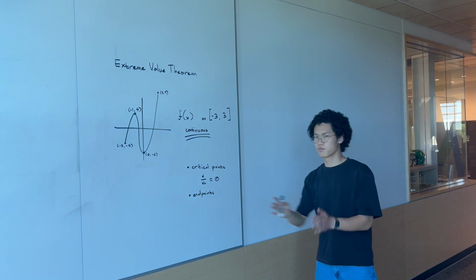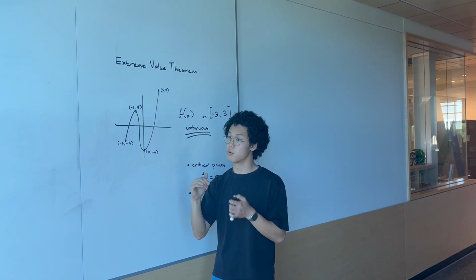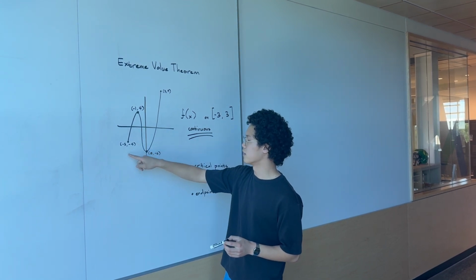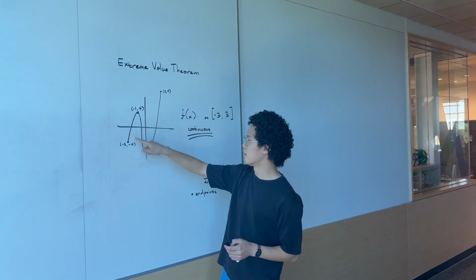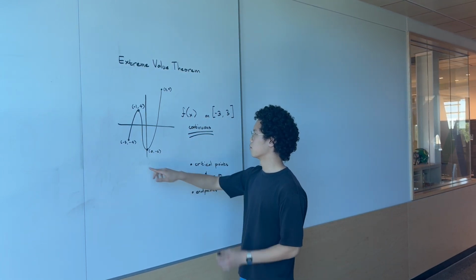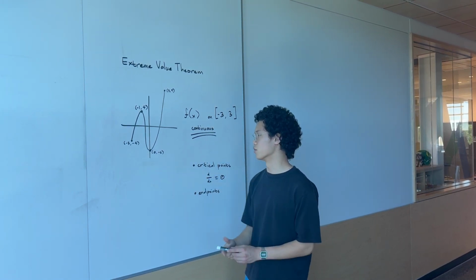It's not possible for a maximum or a minimum value to be at any point that either isn't an endpoint or has a slope that isn't 0. What I mean by that is, let's say for a second, we know that this is an absolute minimum value, right?